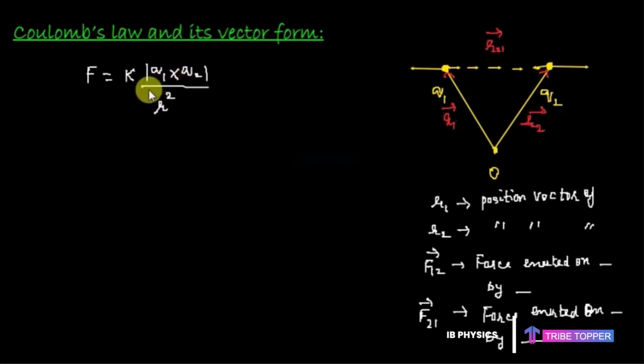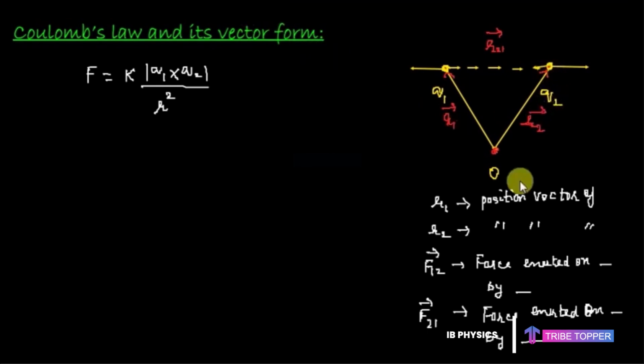F is equal to k times the magnitude of Q1 Q2 by R square is the scalar form. To convert it into the vector form, let's assume we have an origin, a reference point O. With respect to this point O, Q1 has a position vector R1 and Q2 has a position vector R2.